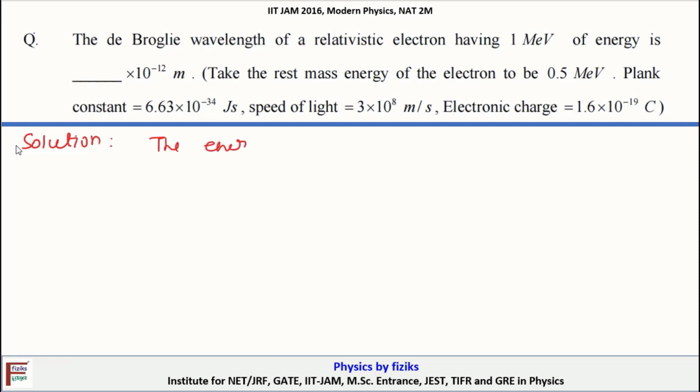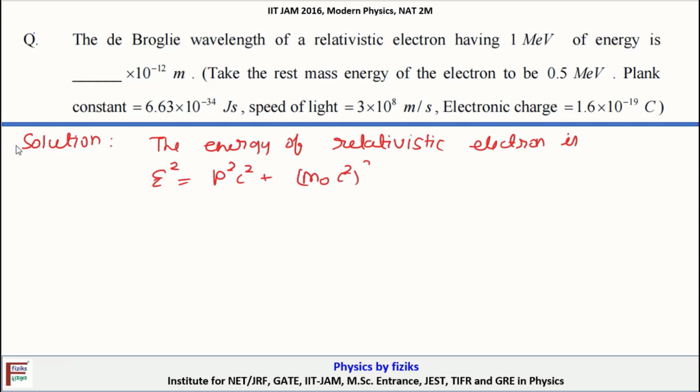The energy of a relativistic electron is E square equals P square C square plus M naught C square, implies PC equals root over E square minus M naught C square whole square.